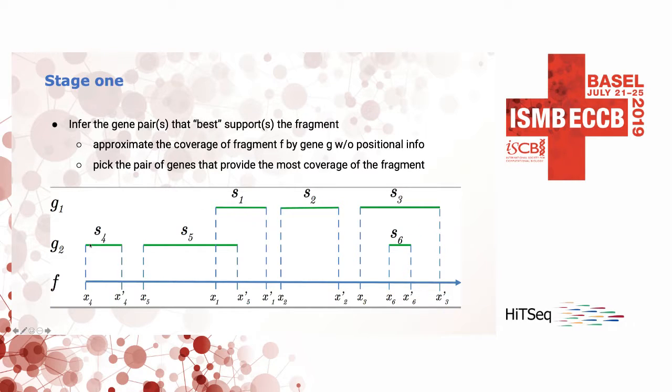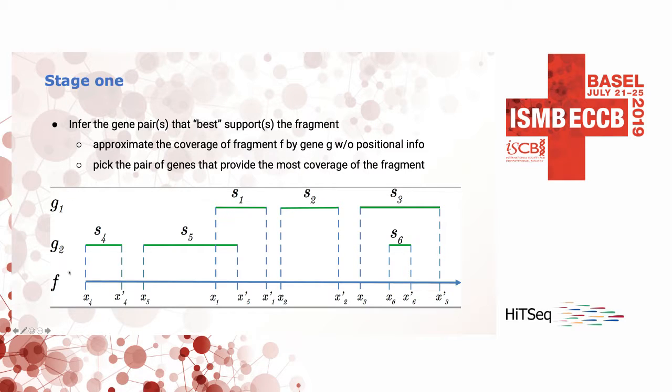Give you an example, let's say G2: there are positions where you know a particular k-mer is from G2, but you don't know where the position is, and you just simply identify all the positions that belong to G2. You just blindly concatenate. So let's say G2 covered this particular S4, S5, and S6 region. Then G1 covered another subset of regions. These empty regions are likely due to sequencing error and other artifacts in the data.